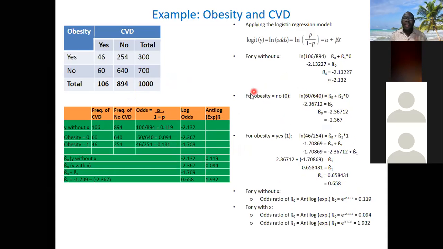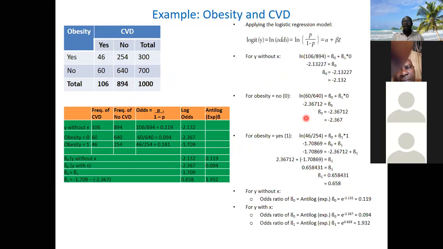Okay. Now let's come to scenario 2, when you now have x. This is block 1 now, because in the SPSS output you're going to see block 0 and block 1. We have finished with block 0.